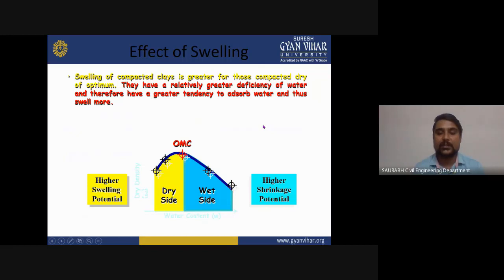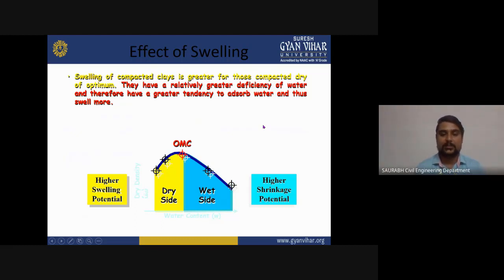What is the effect of swelling? This is also a very important point of a soil. Swelling of compacted clay is greater for those compacted dry of optimum. They have a relatively greater deficiency of water and therefore have a greater tendency to absorb water and thus swell more.